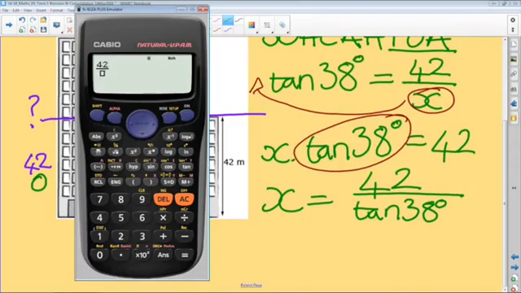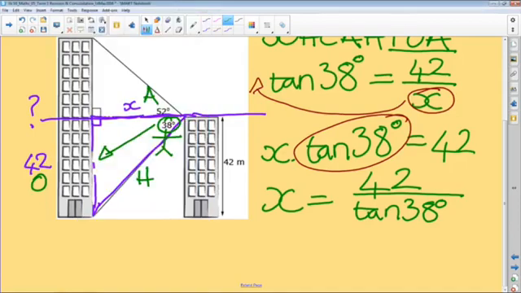42 over tan of 38 degrees, close the brackets, and we press equals, and it's 53,76 meters. Let's write that down. So x is equal to 53,76 meters.